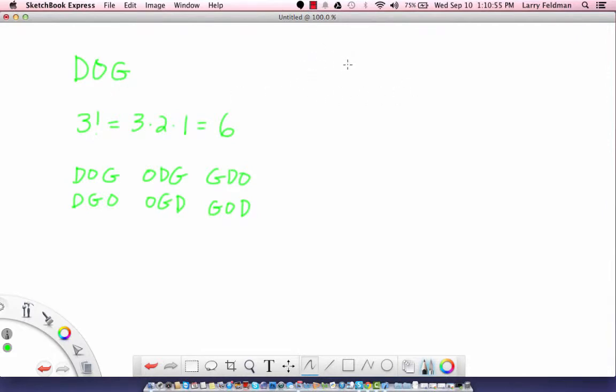But what if I have a word like dad, D-A-D? Well, there are still 3 letters, so we want to start with 3 factorial. However, the letter D is repeated twice, so we have to divide by 2 factorial. And we get 3 times 2 times 1 over 2 times 1.